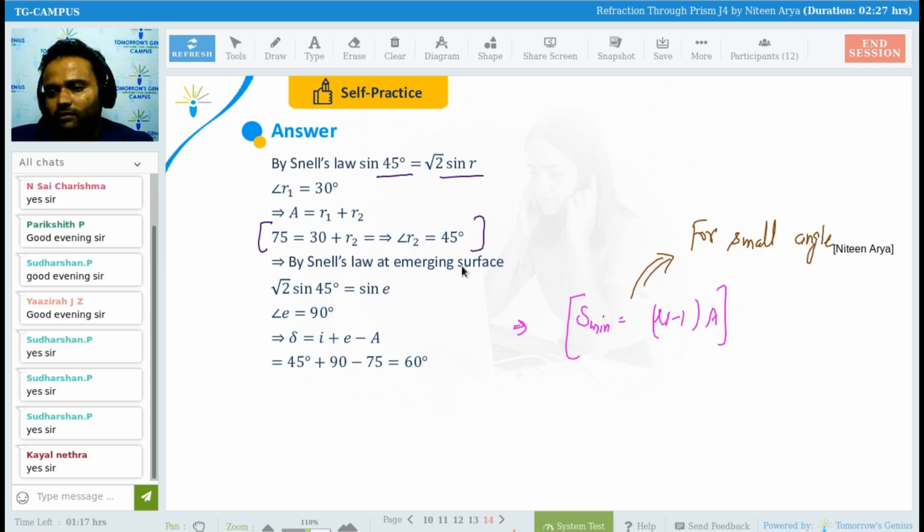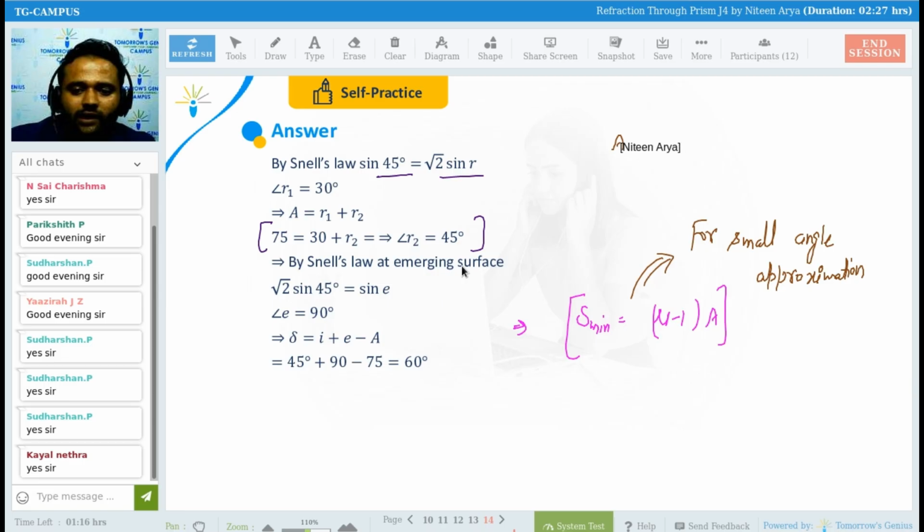For small angle approximation, if this delta min is given and A is given, suppose x degree, okay, not 50, it is 5 degree.